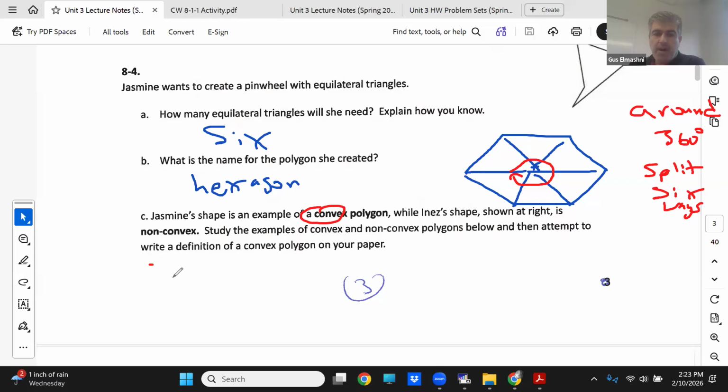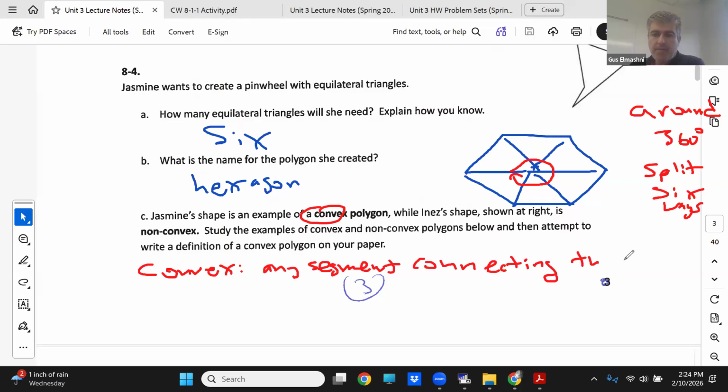So a convex polygon is one where any segment connecting 2 points will stay inside the polygon. Or is the way of writing it, any segment connecting 2 points is fully inside the polygon.